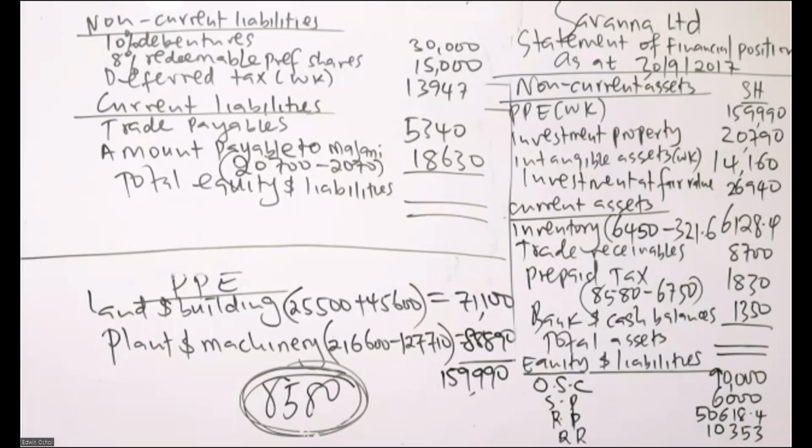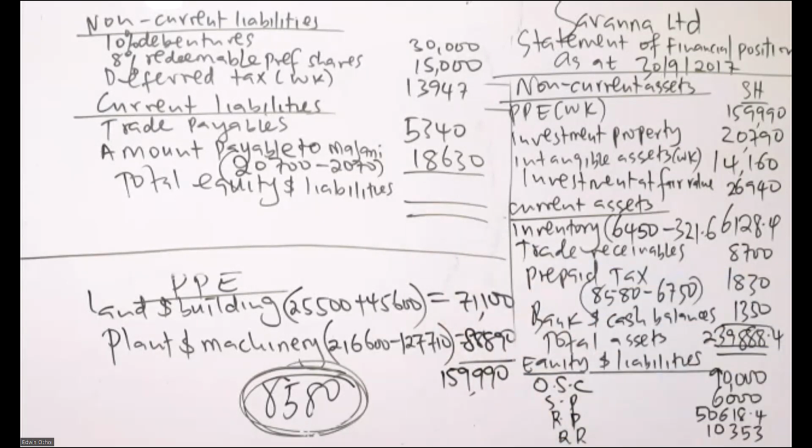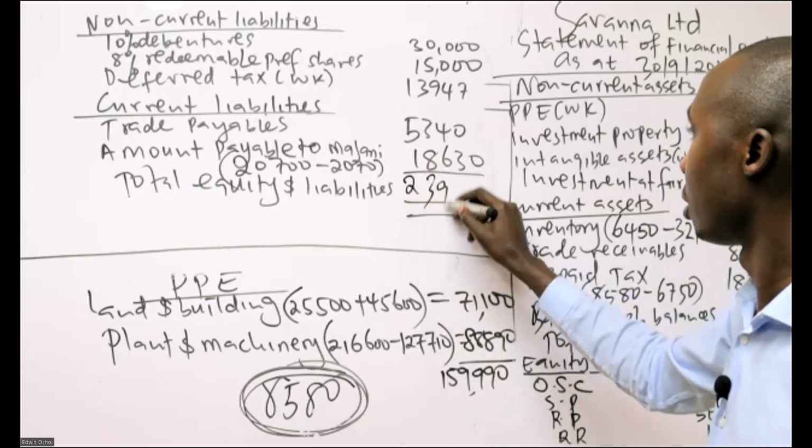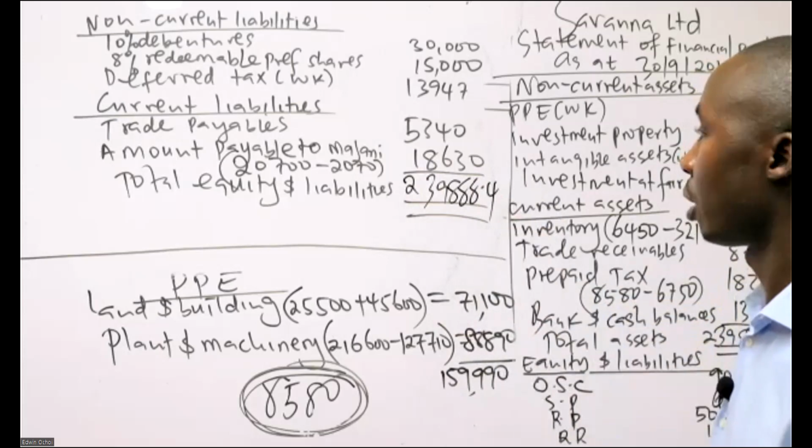What is the value of the total assets? 239,888.4. What about this? Balancing. The same figure. I saw 239,888.